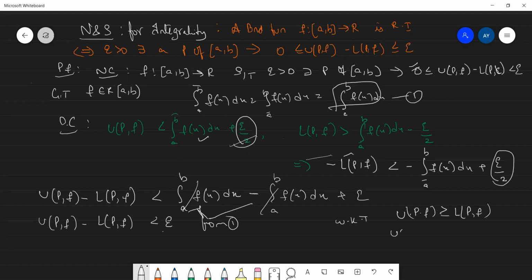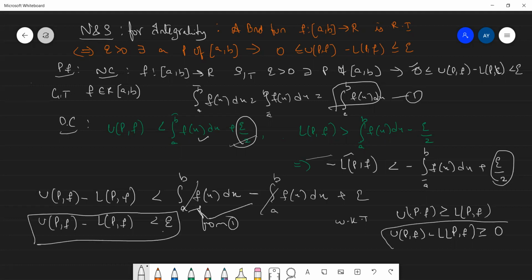If we write this, UPF minus LPF will be greater than or equal to 0. And what did we get? UPF minus LPF is less than epsilon. So we can conclude that 0 is less than or equal to UPF minus LPF, which is less than epsilon. So this is what the first condition is.